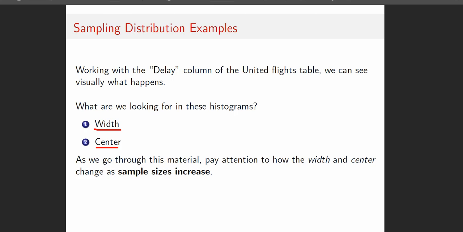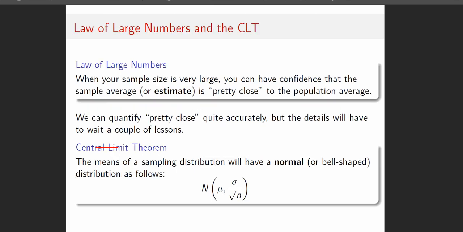All right, and let me get rid of the ink. Okay, I told you about the law of large numbers. The central limit theorem says that every single sampling distribution will have a bell-shaped distribution with the same mean as the population average, and the standard deviation is the standard deviation of the population divided by the square root of n, which makes it clear that since n is in the denominator, as n, the sample size, increases, the standard deviation or the width of the bell is decreasing, right?